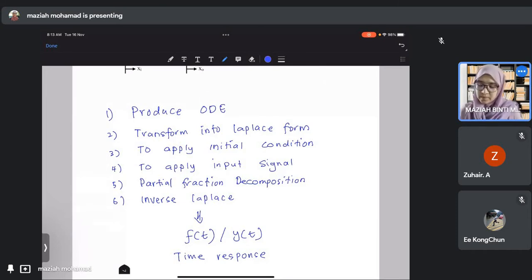Okay. All right, so basically we have looked at how to produce ODE. Okay, and then we also looked at applying Laplace form. Okay, transform into Laplace form. Okay, apply initial condition and apply the input signal. Okay, and today we're going to look at the partial fraction decomposition.